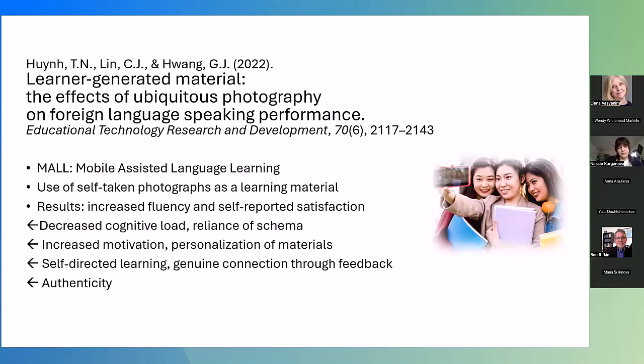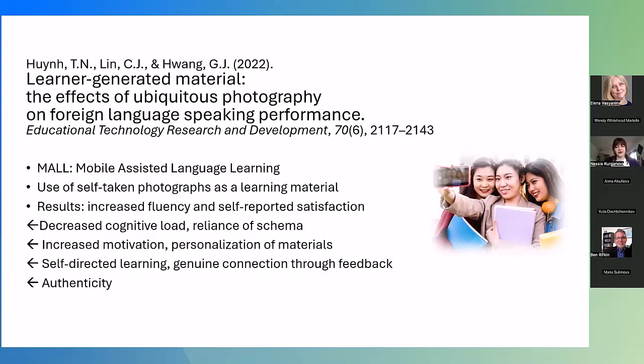This paper talks specifically about mobile photography, and in one of their, again, English as a second language courses, they conducted an experiment where students worked sometimes based on textbook photographs, and sometimes they would take their own photographs, select them, and use them as a basis for their conversations, their speaking assignments. What they found is that students were more satisfied with the pictures that they took and selected for these units.